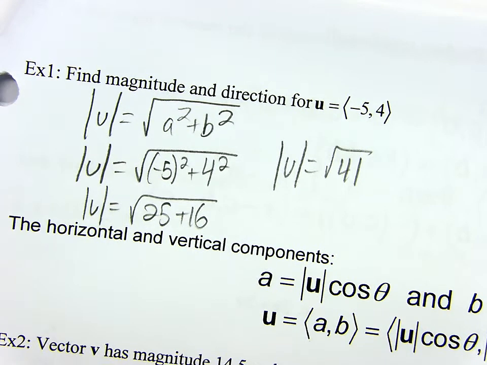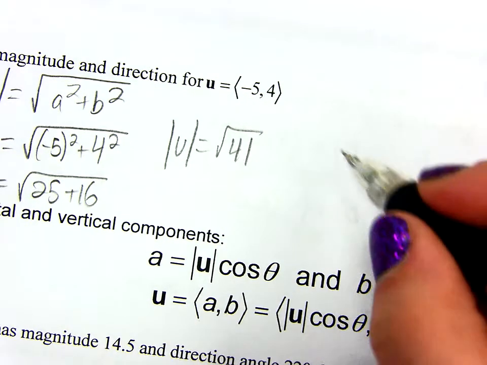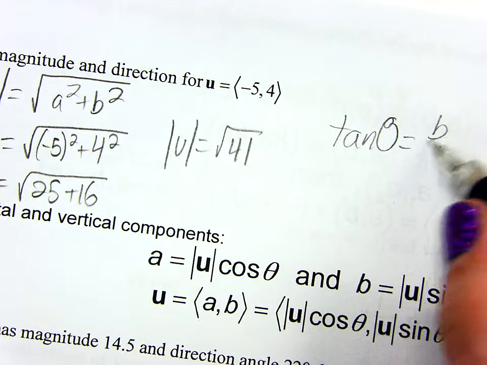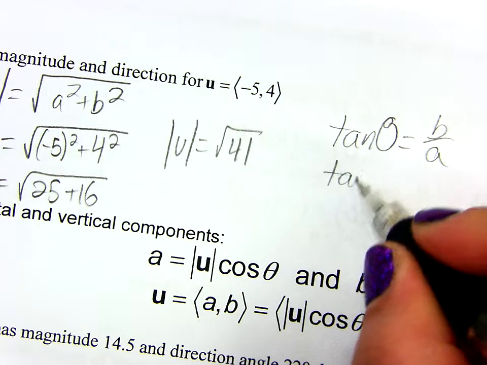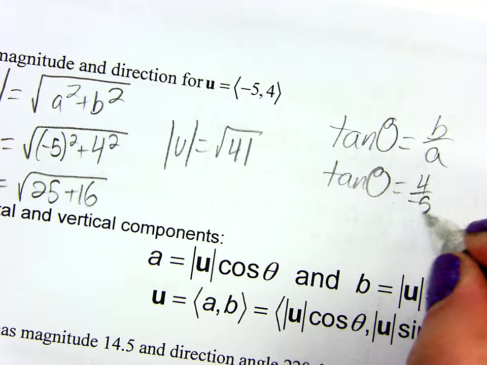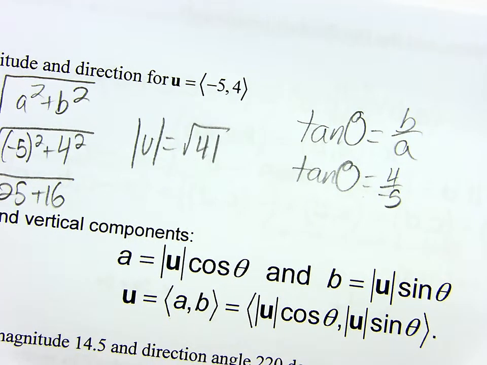And now I need to know in what direction it is going. To figure that out, 4 over 5: tan theta equals b over a. So tan theta equals 4 over negative 5. If I want to solve for theta, I need to hit what on the calculator? Inverse tan.